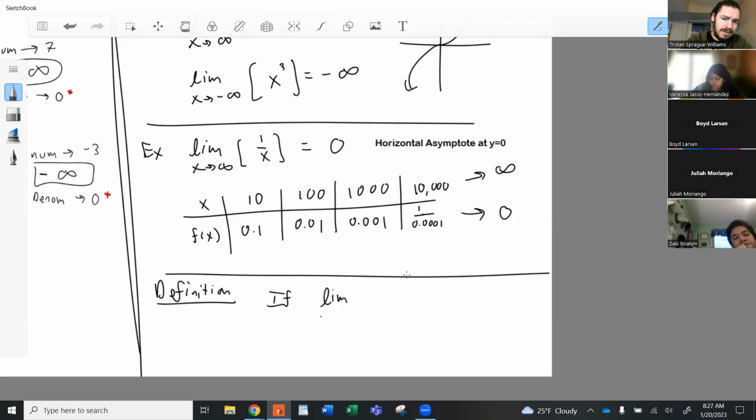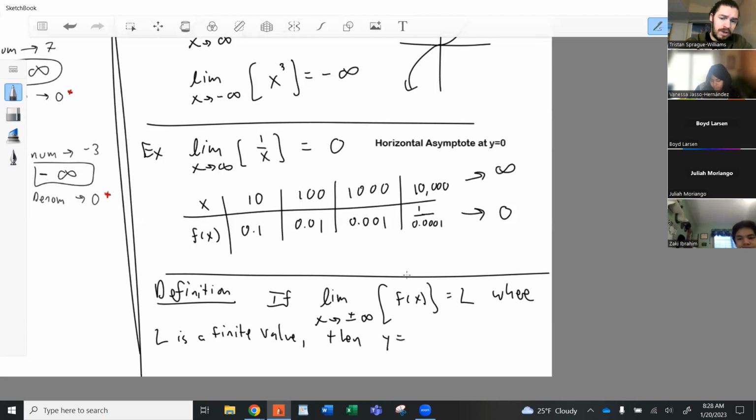If the limit as x approaches either plus or minus infinity, you can do either one, of a function is equal to L, where L is a finite value, then the horizontal line y equals L is a horizontal asymptote of the function f of x.